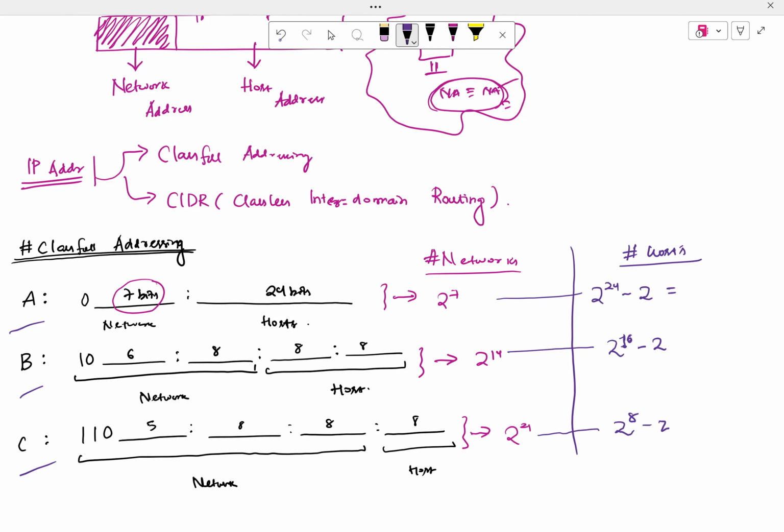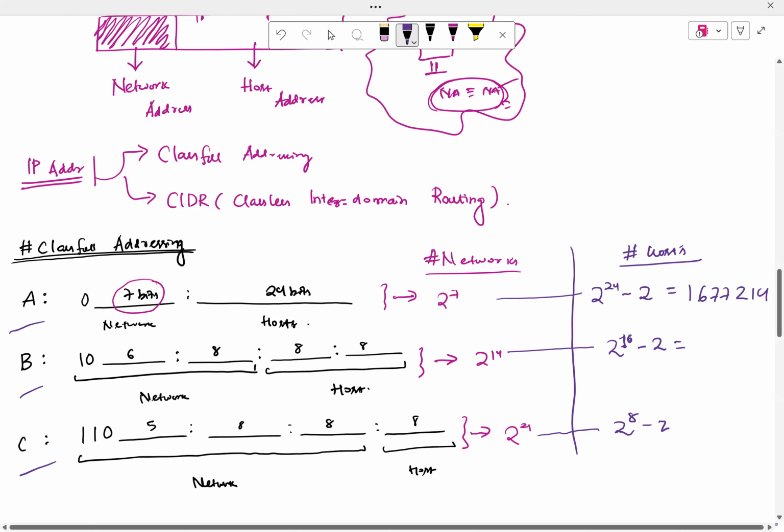Let me calculate. 2 to the power 24 is 16,777,216, minus 2 is 16,777,214.